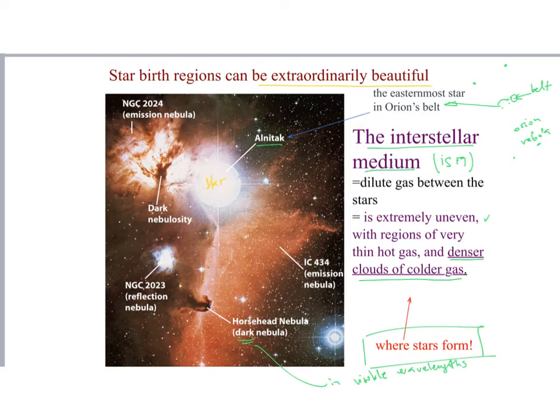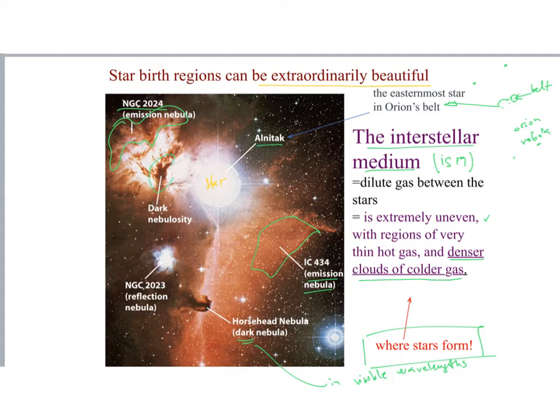Like this Horsehead Nebula, this is actually kind of famous. It does look like a horse, so therefore its name. There is no horse in there. Here's another one. This is the Emission Nebula called IC434. Here's another Emission Nebula, and we're going to see in a second what that means, and it has a different name. Okay, so this redder part, this is the nebula.